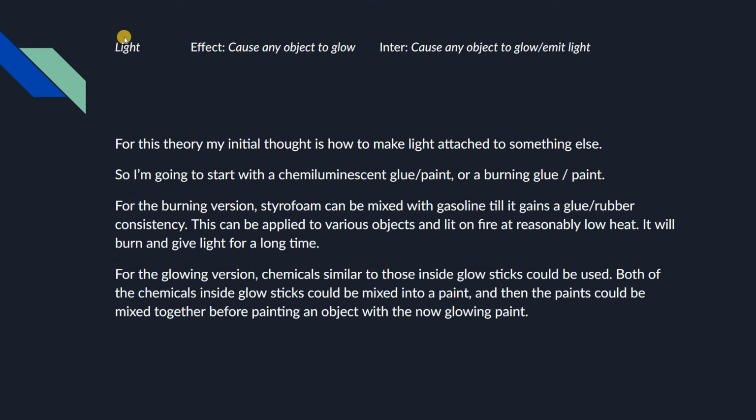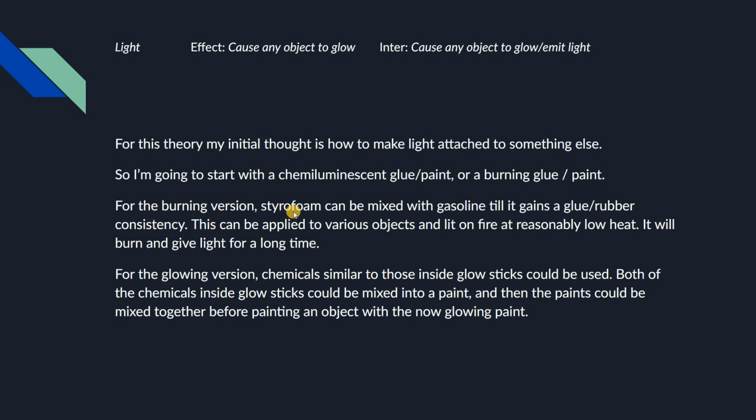So then you have light, which is sort of similar to dancing lights, except you want to cause any object to glow or emit light. So I got to figure out a way to attach light to something, or a light source to something. So you could have, again, chemical luminescent glue or paint, or you could have a burning glue and paint.